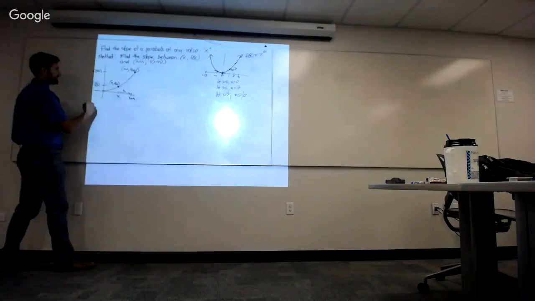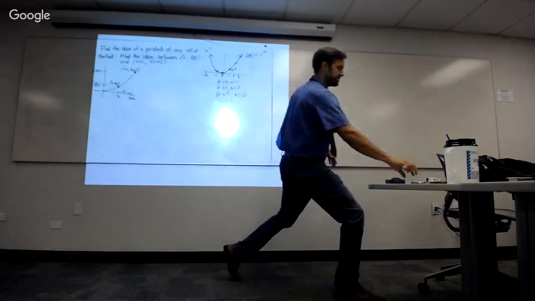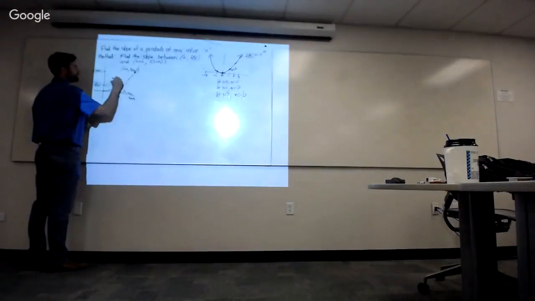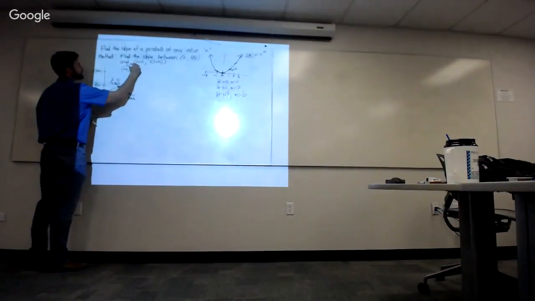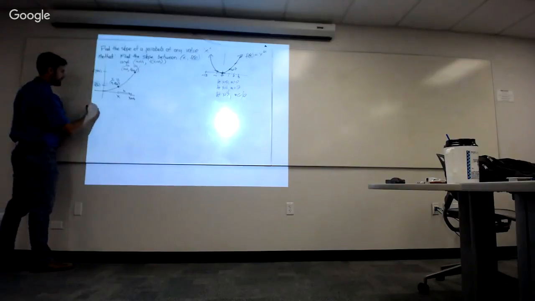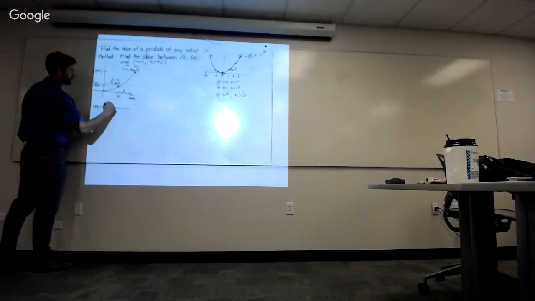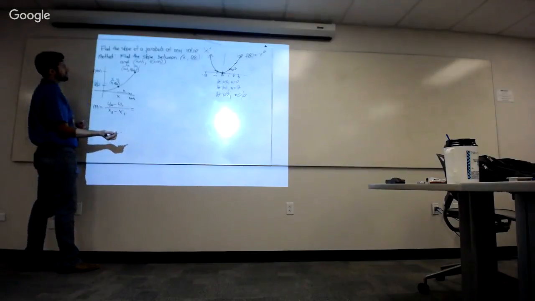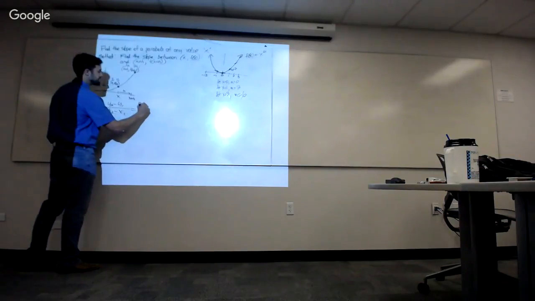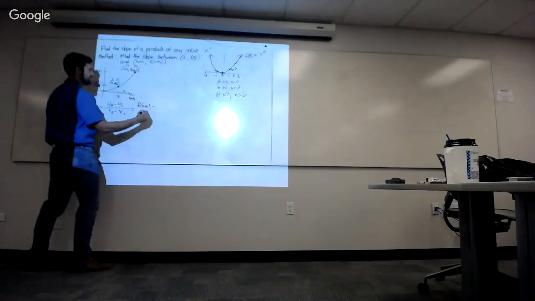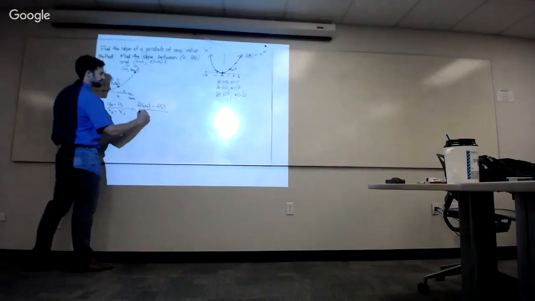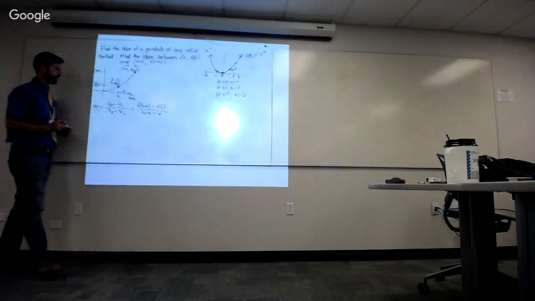So let's write that down. I'm going to label this blue so everybody sees it real nice. x1, y1, x2, y2. Our slope, m equals y2 minus y1 over x2 minus x1, is going to be f of x plus h minus f of x all over x plus h minus x.